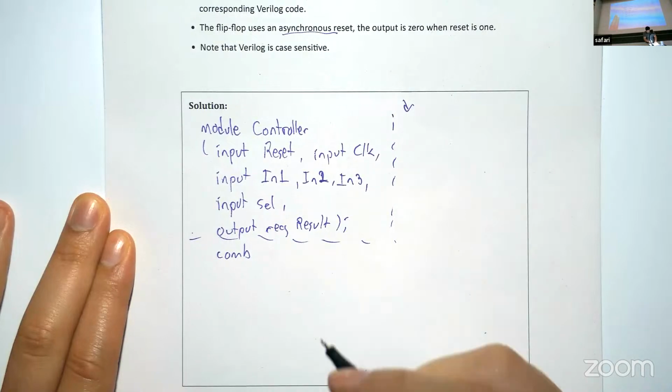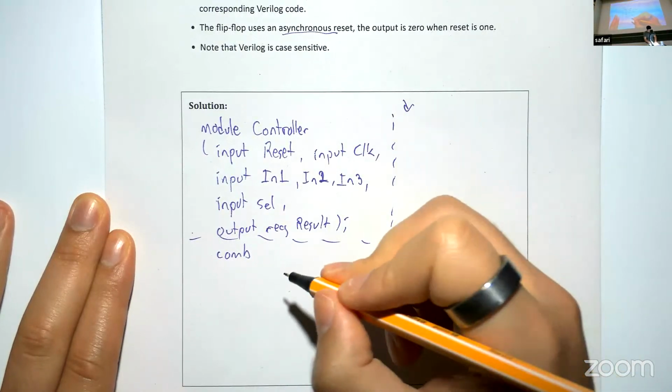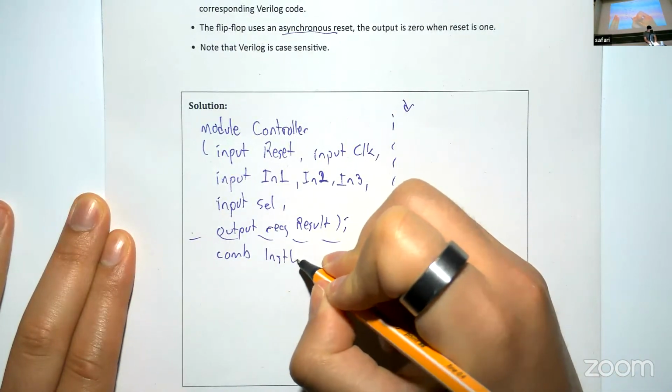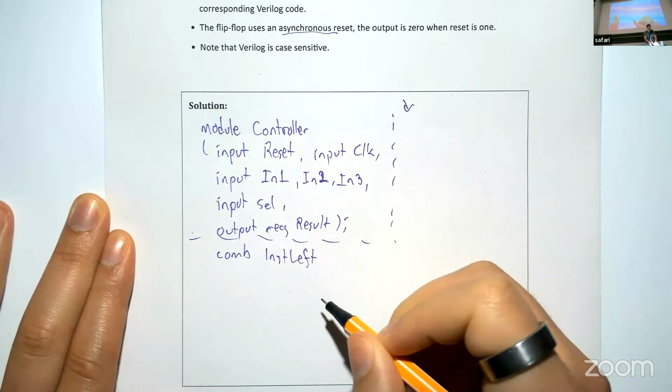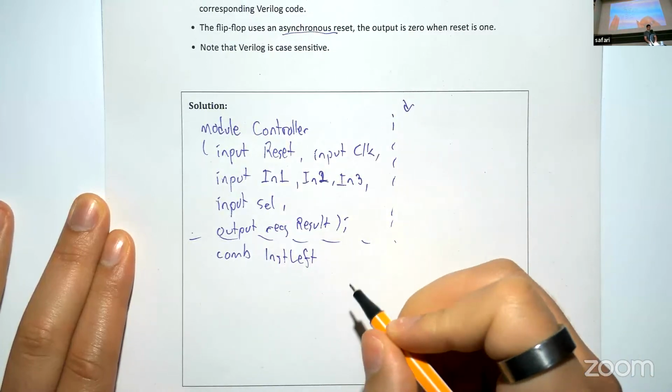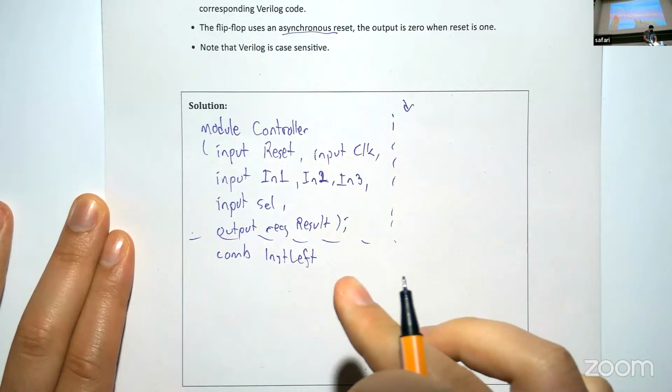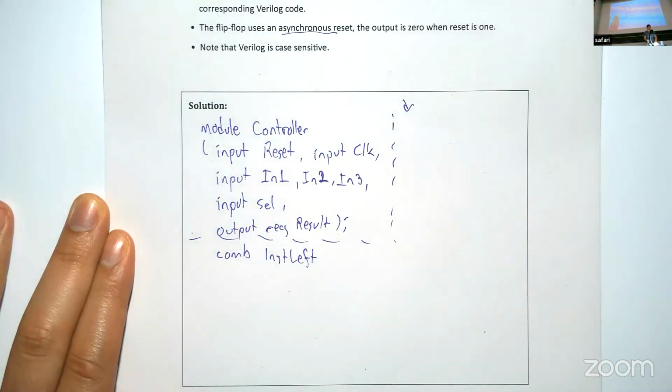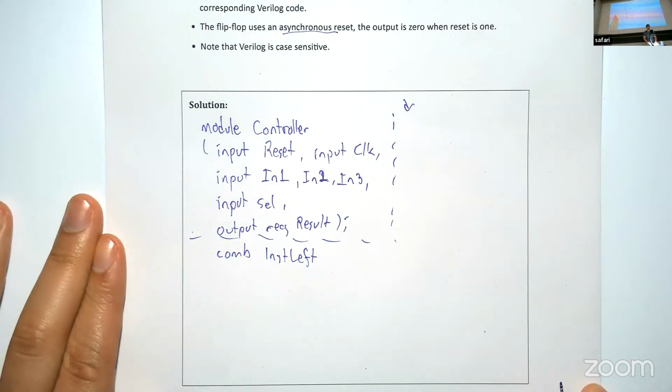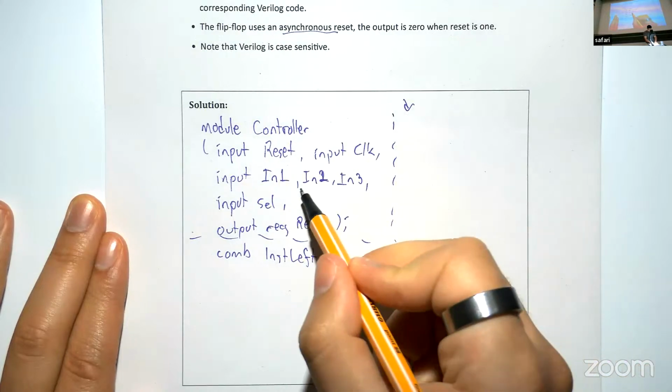So let's continue with combinational. Inst left, that's the instance name, not the module name. Are we allowed to use one input keyword and three parameters? Like this one?